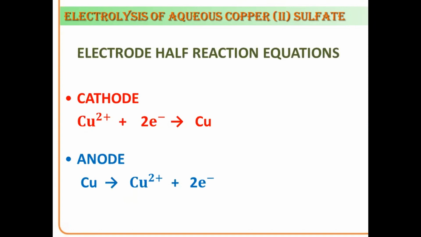Now, when you look at these 2 reactions taking place, you realize that they are opposite of each other. At the cathode, copper ions receive 2 electrons and form copper. At the anode, copper loses 2 electrons and forms copper 2 plus ions.